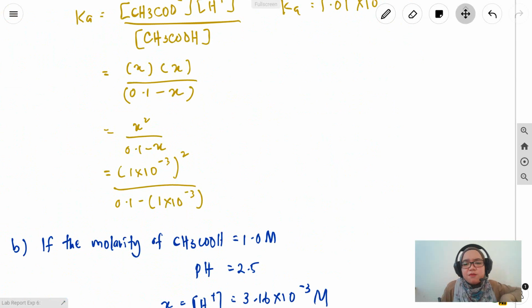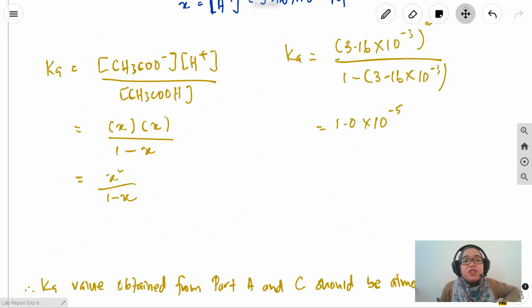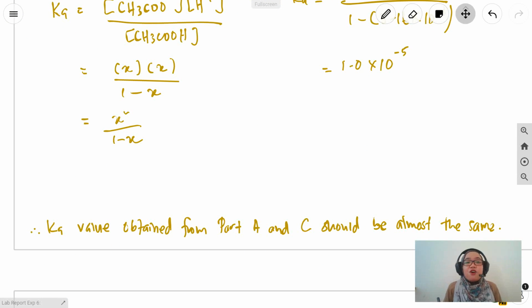So, what is the conclusion from this experiment that you got? So, actually, the value of Ka for weak acid, because acetic acid is a weak acid kan, will remain constant and does not depend on the molarity at all. Okay, nampak tak constant? Dia tak depend on molarity pun. Okay, so that's the conclusion lah kan.